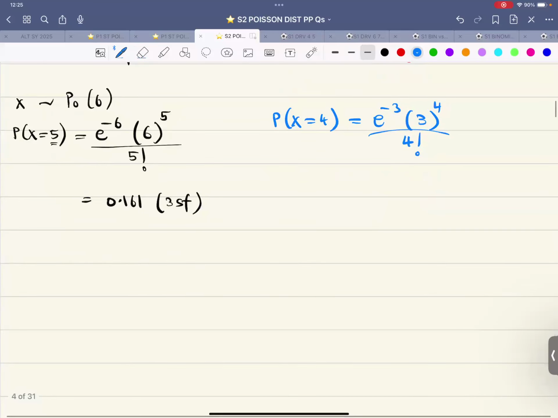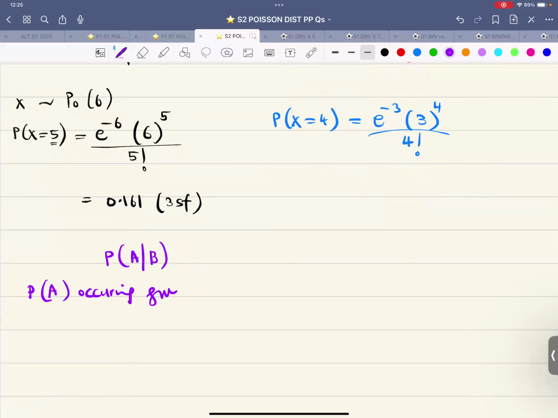Now comes the conditional probability formula, which is probability of A given B, which means probability of A occurring given B has already occurred. B is the condition. So in other words, B is the condition.